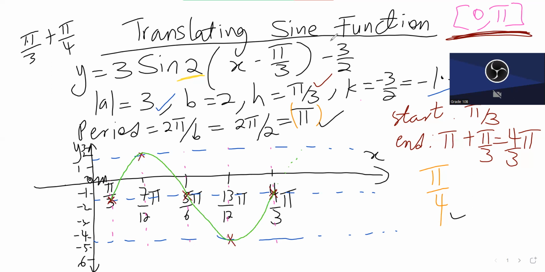Let's try to find out if we have a maximum point, a minimum point, or not. You see that the maximum point occurs here, so maximum occurs at 7 over 12 pi, and the minimum here, minimum at 13 over 12 pi.